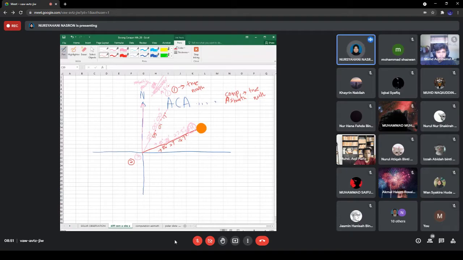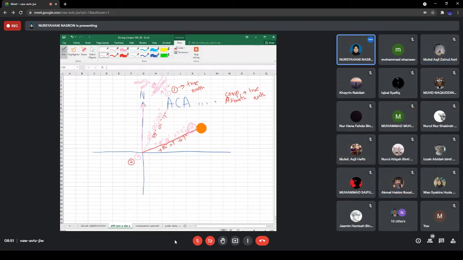So, solar observation ni, our reason to do a solar observation is to correct the orientation of the traversing. Dia betulkan balik orientation dia. It's not the same like cumulative correction.